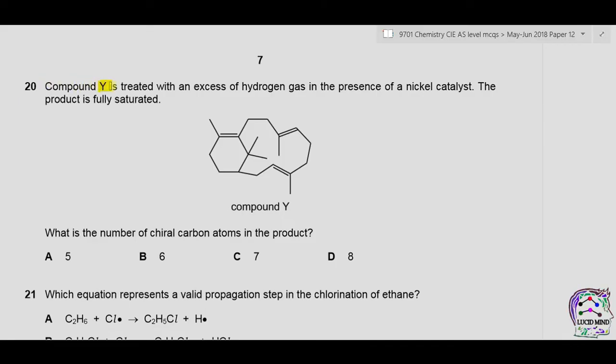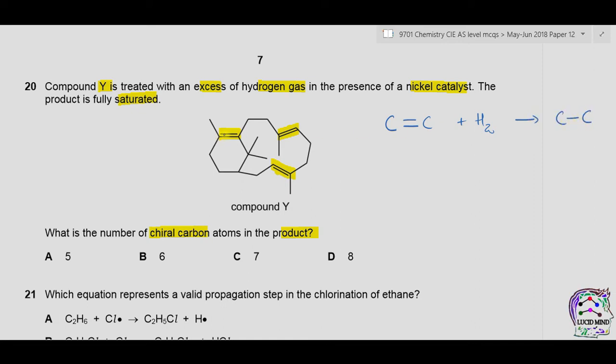Question 20. Compound Y is treated with an excess of hydrogen gas in the presence of a nickel catalyst. The product is fully saturated. This is compound Y. We can see that we have an alkene functional group present. What is the number of chiral carbon atoms in the product? As we have a hydrogenation reaction in the presence of a nickel catalyst, the double bond is converted into a single bond upon hydrogenation.